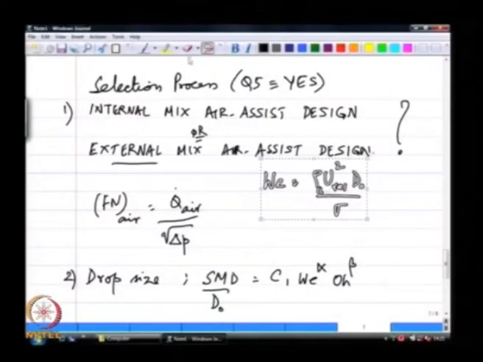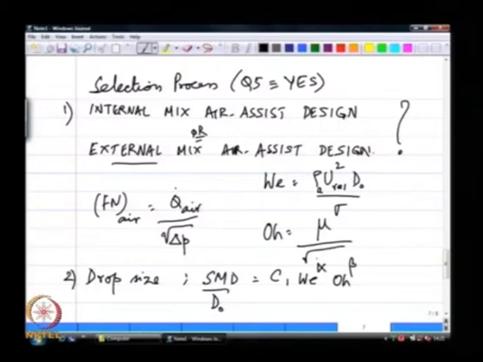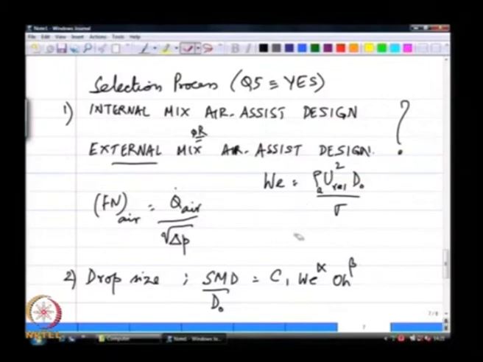D0 could be the diameter of the orifice through which the liquid film is coming out, and sigma is the surface tension of the liquid. The Ohnesorge number I believe is that.